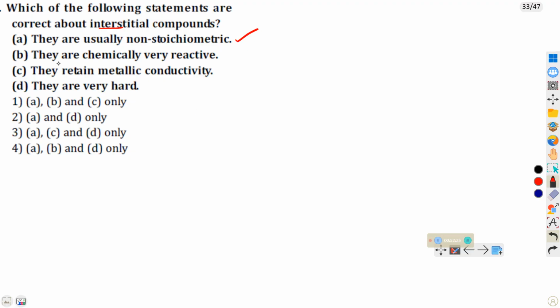They are chemically very reactive: wrong statement, they are chemically inert. They retain metallic conductivity: correct. They are very hard: this is also correct. So A, C, D. Third option.